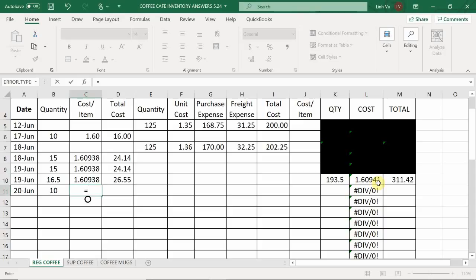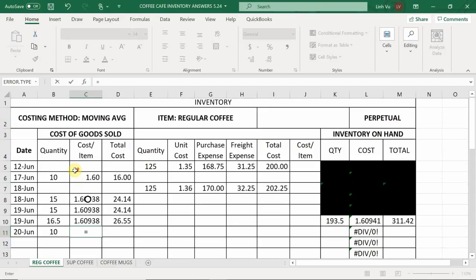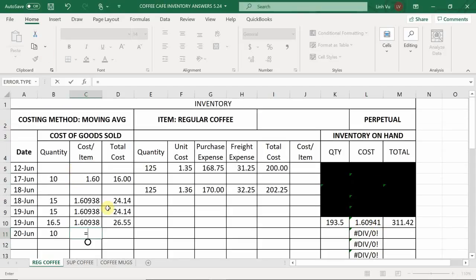Okay, I'm going to ask you 5 questions. First one: what tracking method are we using for regular coffee? How are we keeping track of my regular coffee? Periodic or perpetual?